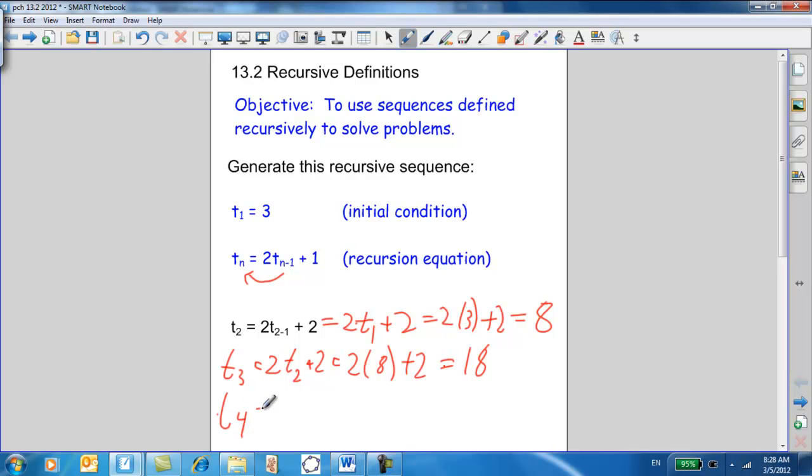And t sub 4, twice t sub 3 plus 2, so that's twice 18 plus 2, 36 and 2 is 38. I think that's right.